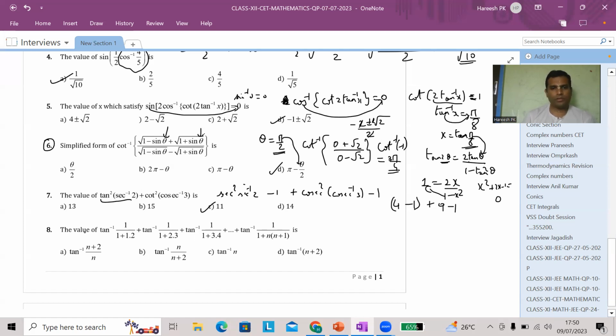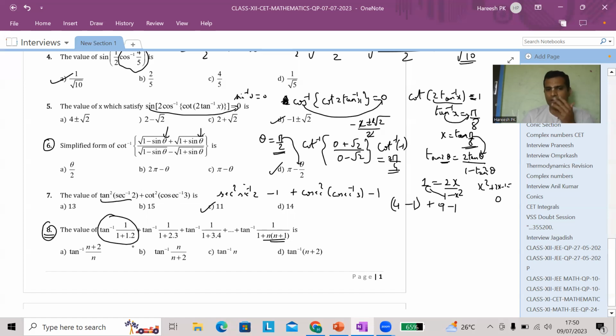Now, this question again is a very straightforward one. Whenever these type of questions come, where the last term is n, the simplest way to solve is put n as 1. So when you put n as 1, you should just get the first term, right? So what is the first term? Tan inverse 1 by 3.